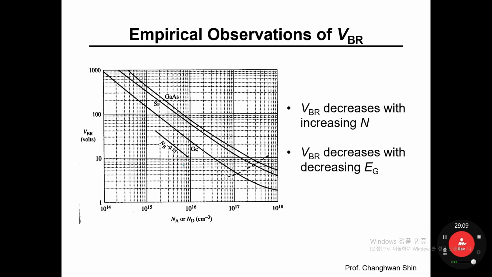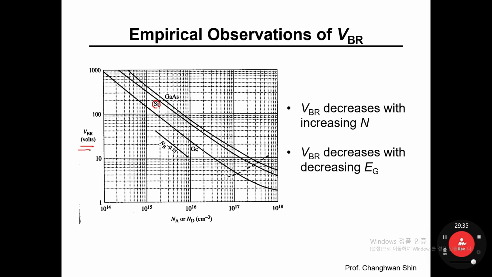So now let's summarize what we have learned, and from now on let's think about the breakdown voltage as a function of doping concentration in the N side or P side. Take a look at the solid line for silicon.